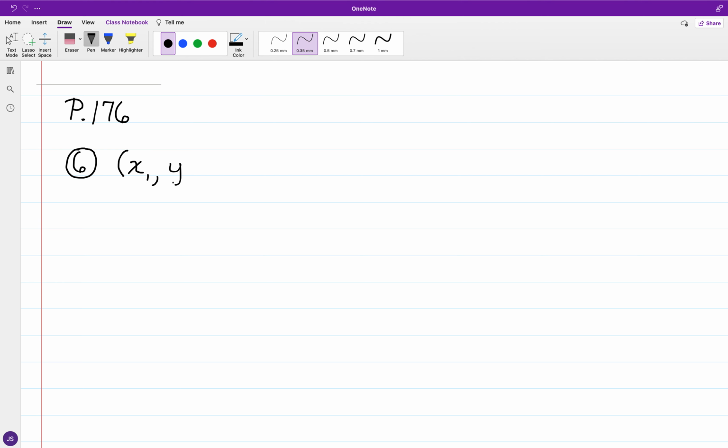So we can designate the ordered pair (x1, y1) as (4, -6). The other key bit of information is the slope, which is given as 3. So we have the slope m is equal to 3.